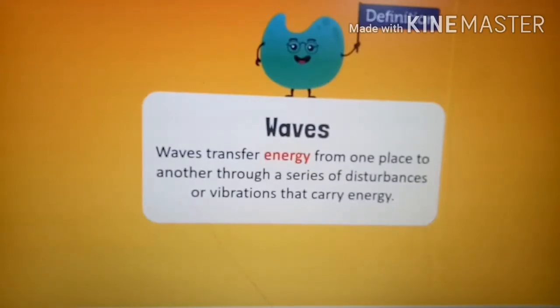As I told you before, when waves transfer energy from one place to another through a series of disturbances or vibrations that carry energy, these are the waves. So the main work of waves is that they transfer energy. As we read earlier, sound is a form of energy.